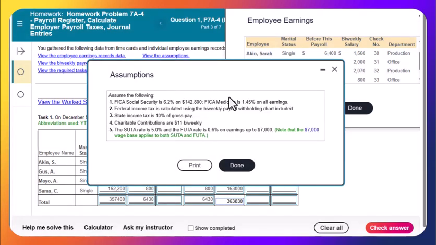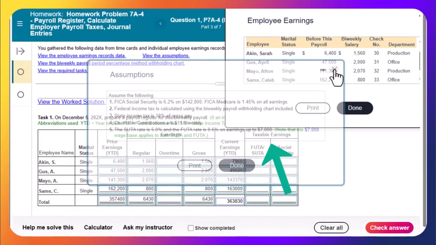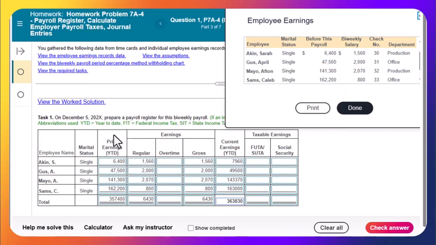So then we have to look and see if any of these employees have made more than $7,000 prior to this paycheck, because then $0 will be taxable. Having a quick look here, it looks like Aiken has not quite made $7,000, so part of his wages will be taxable for SUTA.